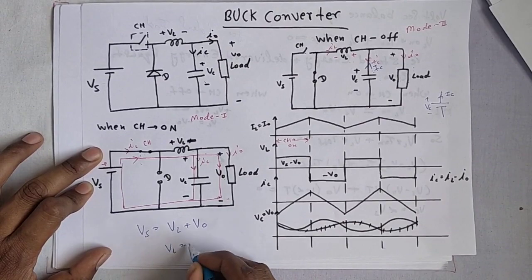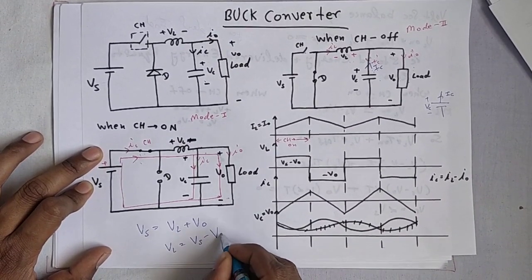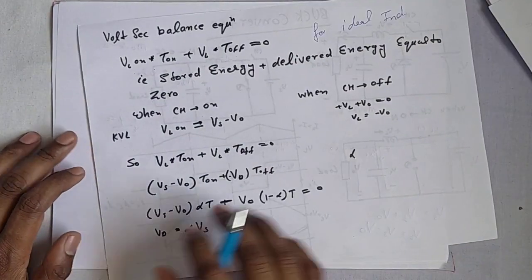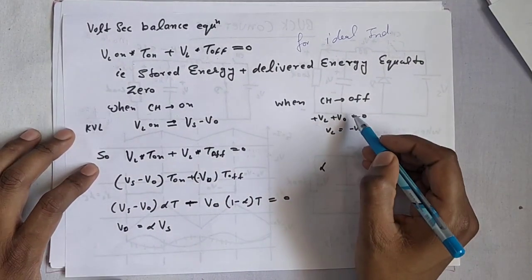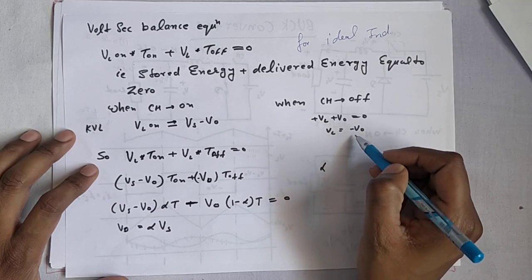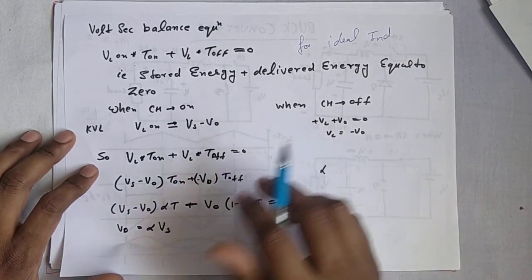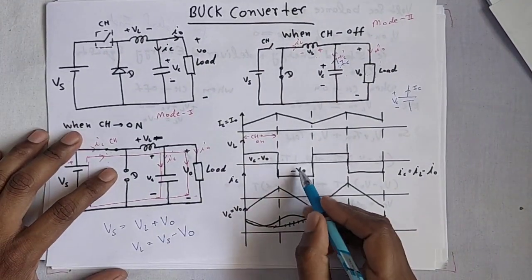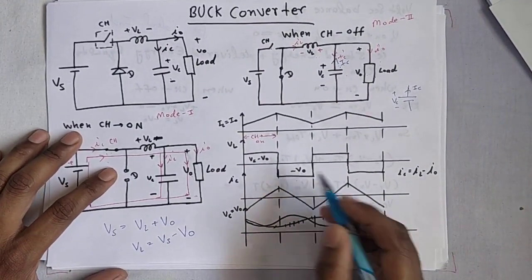So VL equals Vs minus V naught. Okay. When CH is off, VL equals minus V naught. VL equals minus V naught when CH is off.